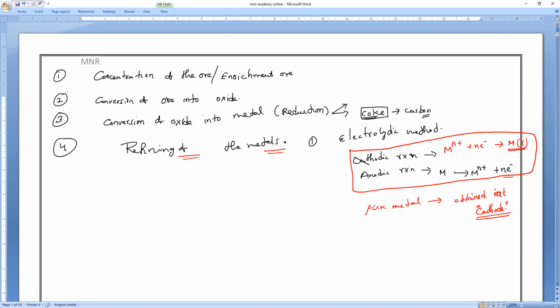There are other methods for different metals. As I said, some metals can undergo distillation, some oxidation, and some undergo the zone refining process. There are different techniques for refining different metals, liquefaction methods and all.